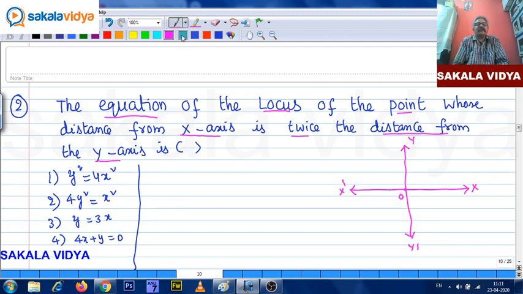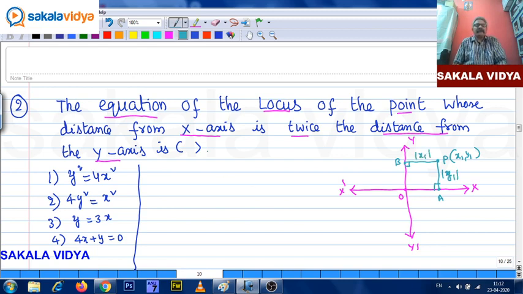Take another color now. The distance from the point to the x axis, the distance from this point to the y axis. Say this is P(x1, y1), say this point is A, this point is B, this is perpendicular. So, we know that PA equals mod y1, this will be mod x1.